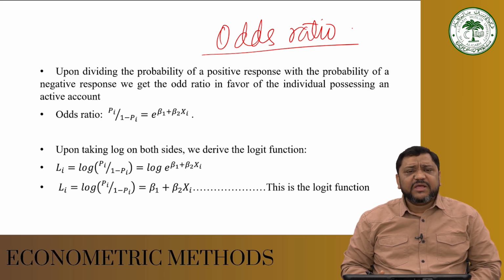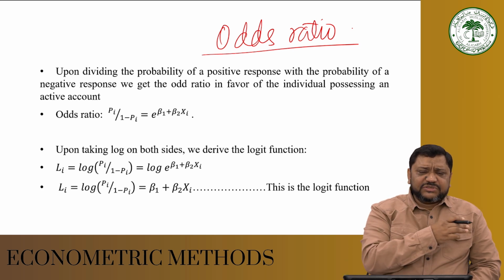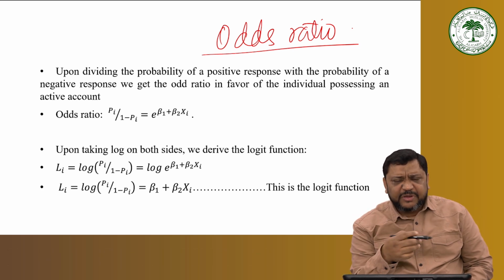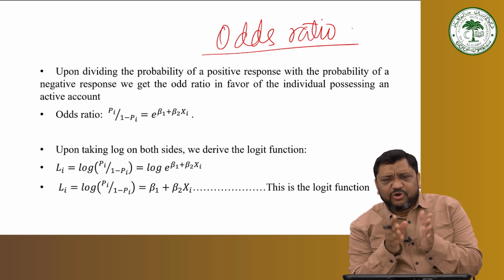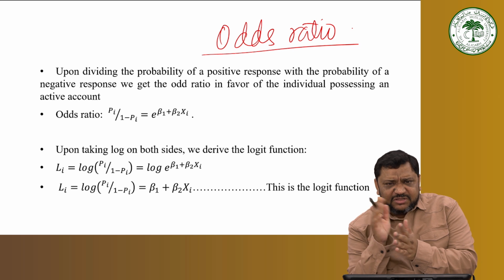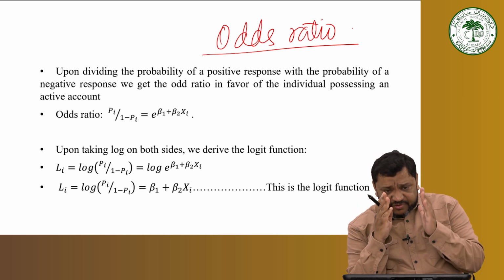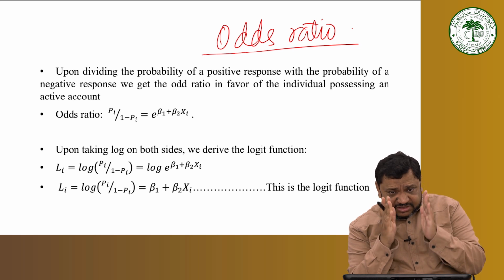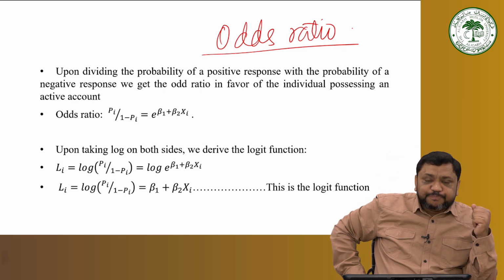So this is basically the odds ratio. Whenever you refer to any research paper or any discussion on a probability model, the emphasis is more on the odds ratio. You will not consider the value of beta 1 or beta 2, but the results will be interpreted based on the column of odds ratio.